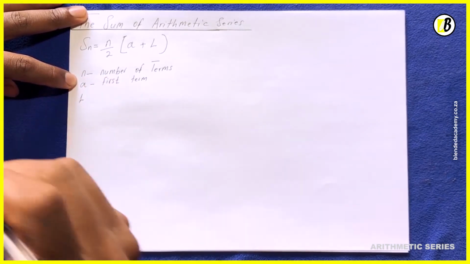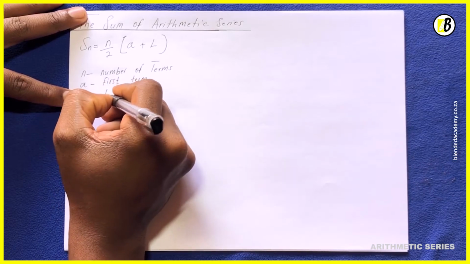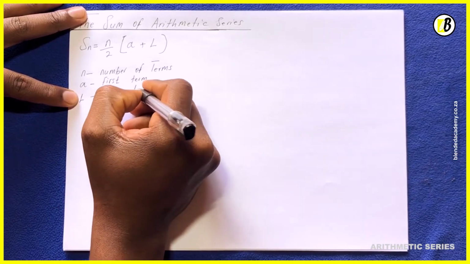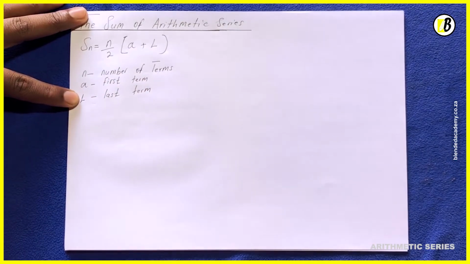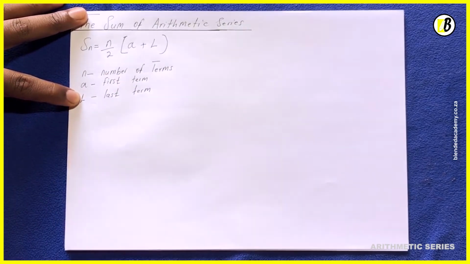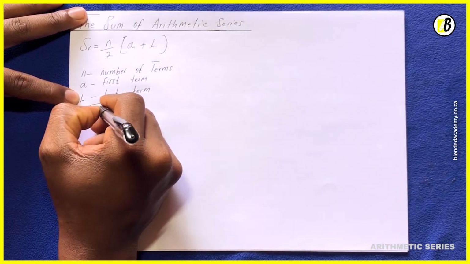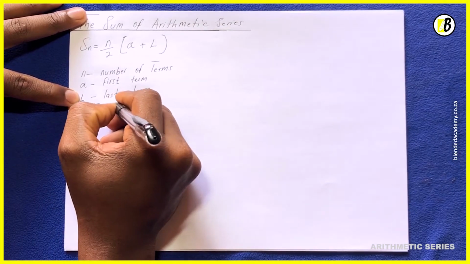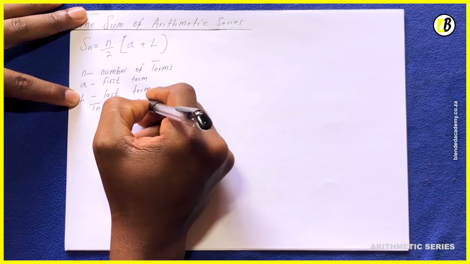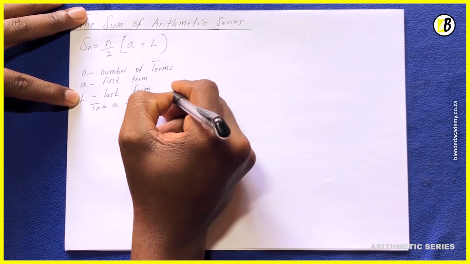We have l, which represents our last term, right? However, this l is also denoted by Tn is equivalent to a plus, open brackets, n minus 1, close brackets, d.